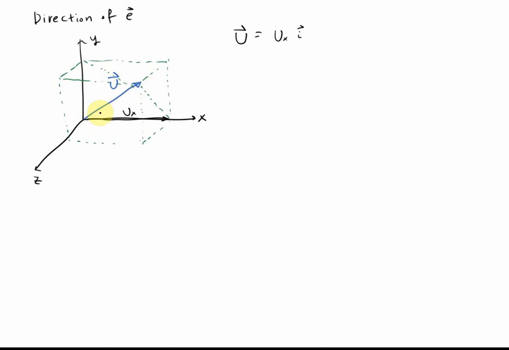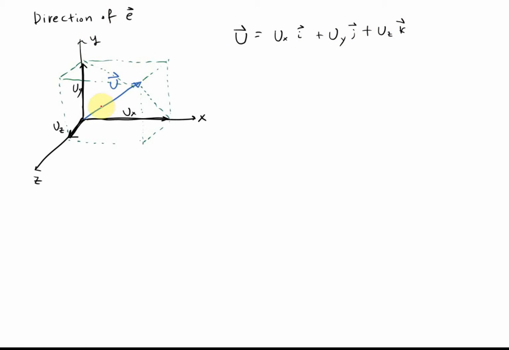If you project this u vector along y, this should be your uy, okay? And if you project it onto the z-axis, this here should be the uz component. So that's why u can be represented like that.